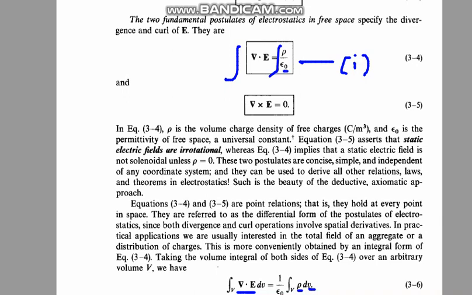Epsilon naught is constant, so it goes outside, and we calculate the integral of rho dV. Both sides are over an arbitrary volume V. We will prove Gauss's law with this equation.